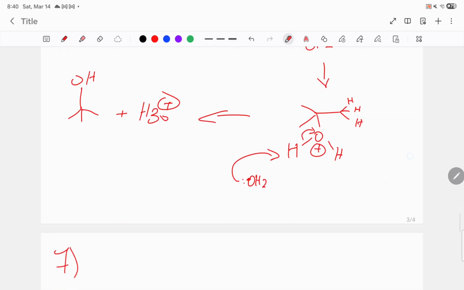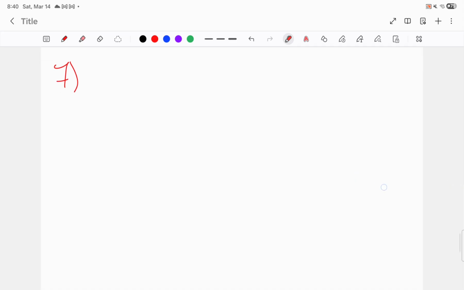And so how can I avoid a rearrangement? Well, I can avoid a rearrangement by not having a carbocation intermediate, okay? And the way that would work is by a reaction called oxymercuration and demercuration.